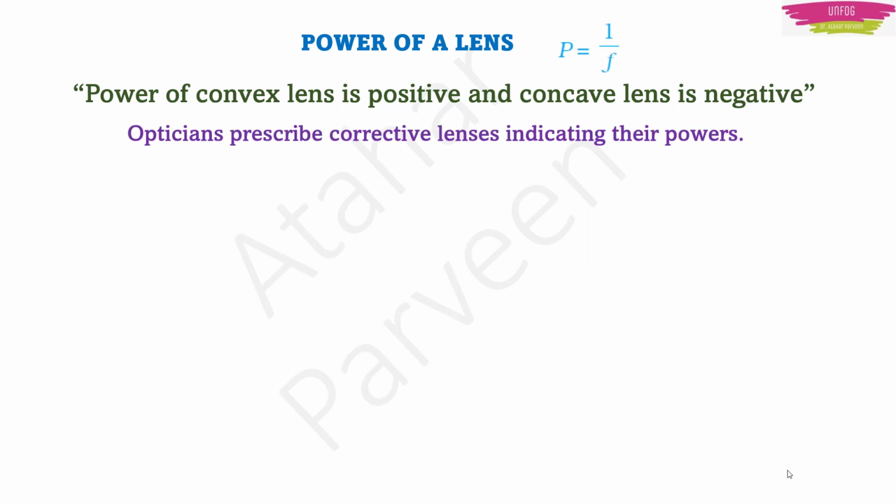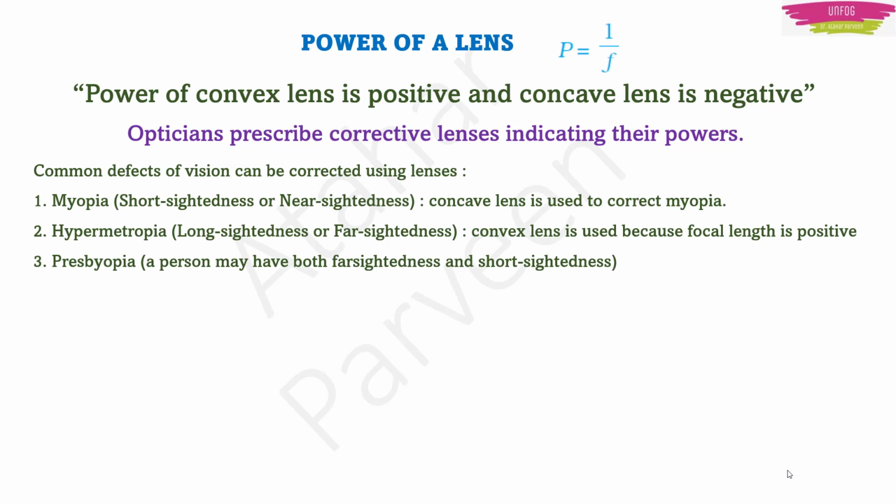Now opticians prescribe the corrective lenses indicating their powers, I told you, right? Now there are a few common defects of vision which can be corrected using these lenses. For example, the most common defect is myopia, which is also known as short-sightedness or near-sightedness. Here a person can see only nearby things, meaning he can read a book nearby but he cannot see far away things.